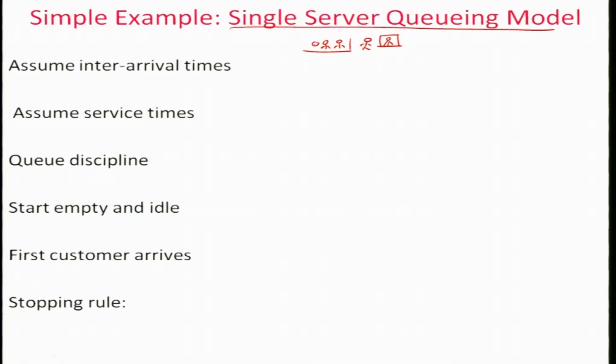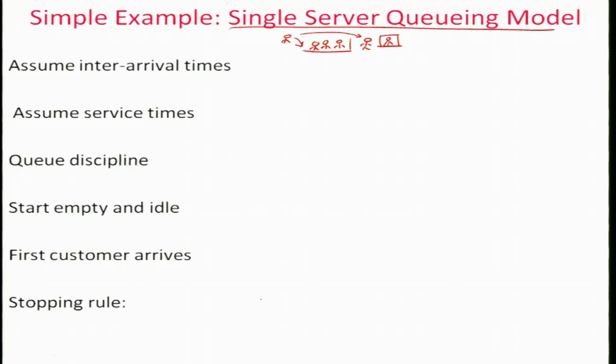When a new arrival happens, if the server is free, the entity will go directly to the server, or it will join the queue, depending upon the status of the server.